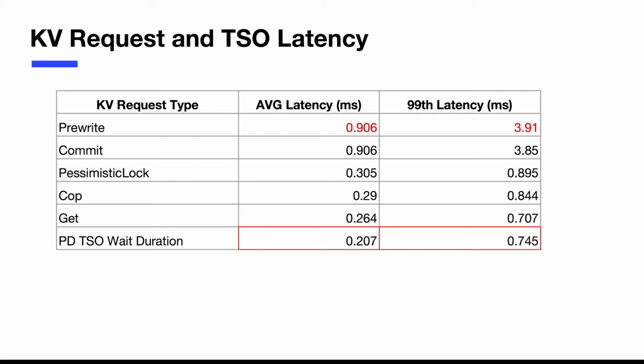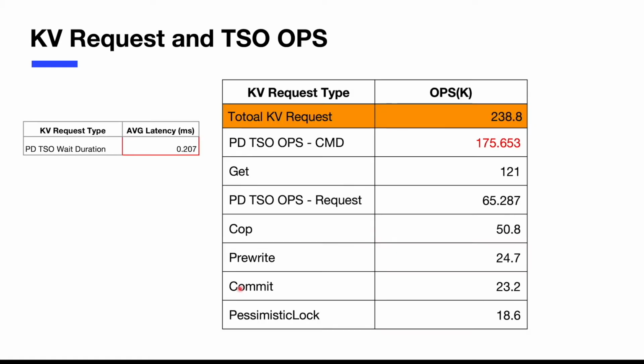You can tell that, in my example, the average latency of PD TSO wait duration here is not outstanding, for now. And then I collect the related OPS count from the same duration.